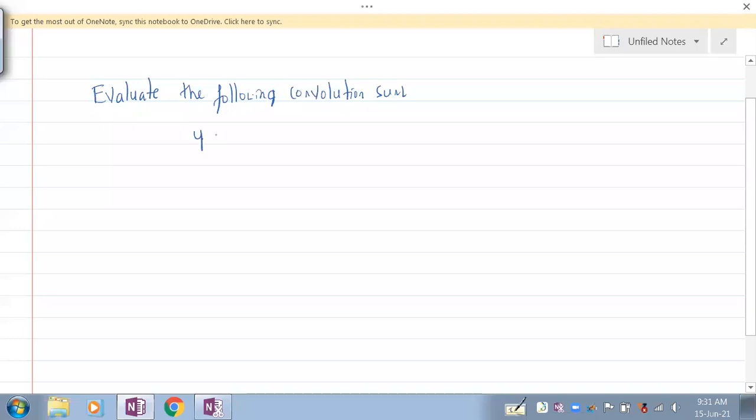And they have given that convolution sum to be y of n, which is beta power n u of n convolution u of n minus 3.